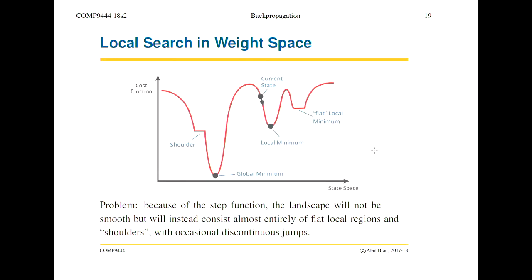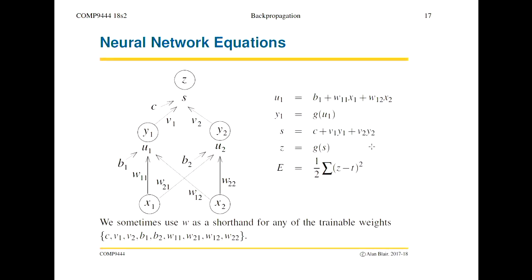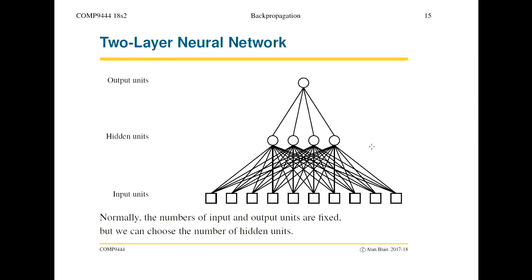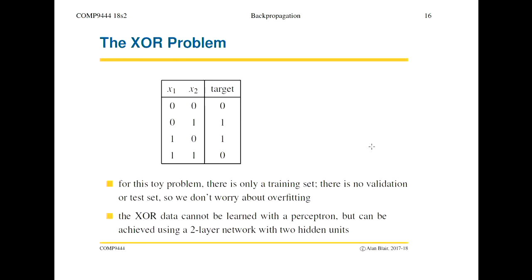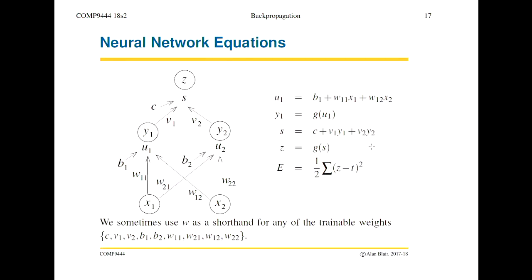So for a small case like this where we have 9 weights, sorry, the question was, could we just differentiate, set the differential to 0 and then solve for the weights.